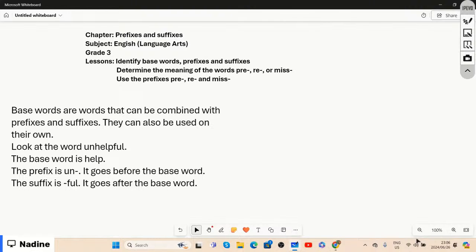All right, so now we're going to start. Before we go on to what prefixes are, we have base words, and then we have a prefix, and then we have a suffix. So you have a base word, and then you have a prefix and a suffix. The base word is the word that can be combined with a prefix as well as a suffix.